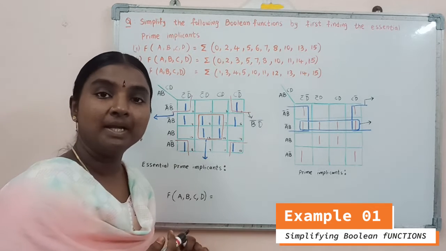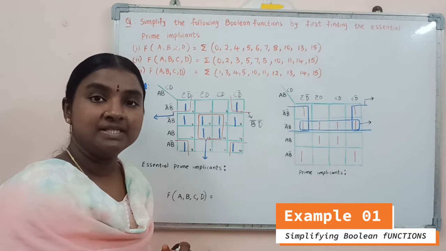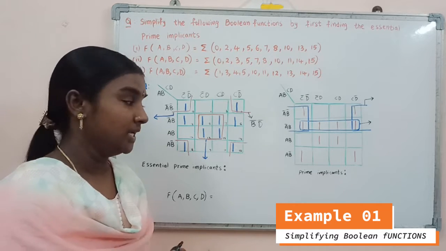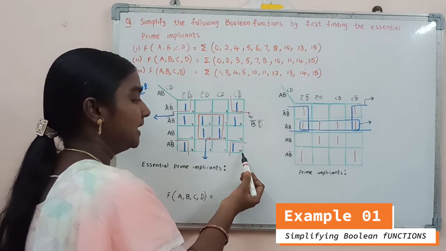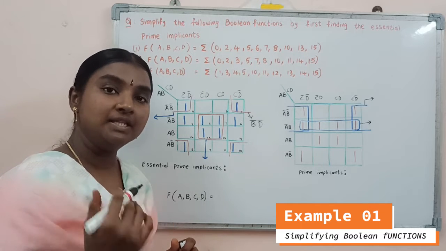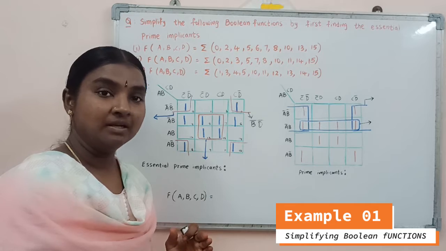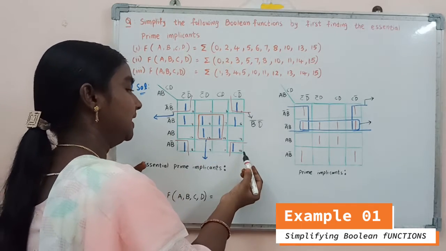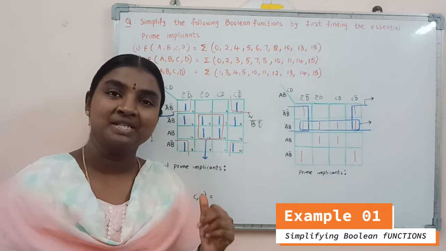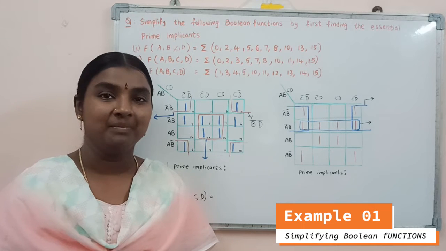Now we can definitely say that it is an essential prime implicant, because here M8 and M10 have no possibility to make another group. So there are 2 minterms here which are not covered by another prime implicant. So this is the essential prime implicant.